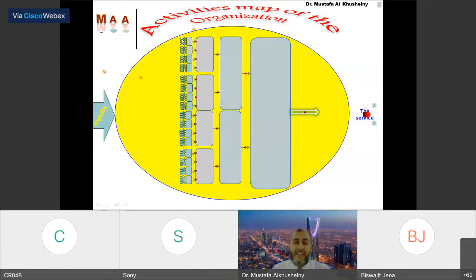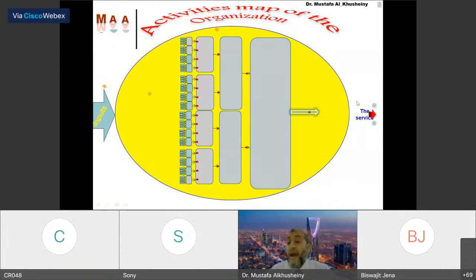Now each block in this shape represents an activity, and as you see, the output of the activity will be an input for the next activity and so on.